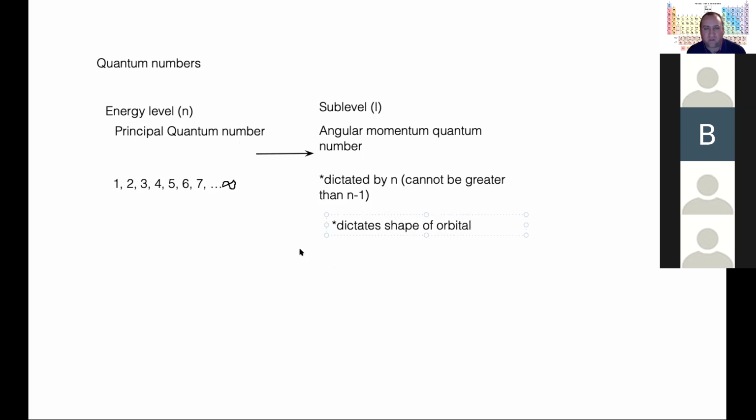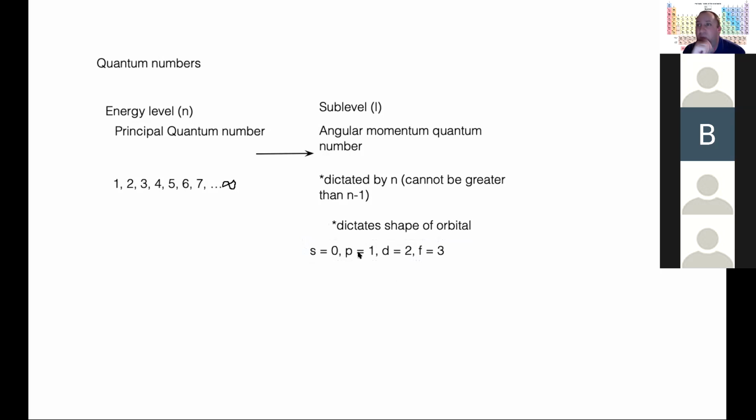And it follows a very set specific key. The s orbital is given a number of 0. The p orbital is given a number of 1. The d orbital is given a number of 2. The f orbital, which we didn't even talk about because the shapes are pretty complex, is given a number of 3.